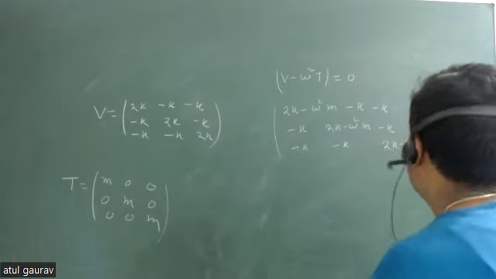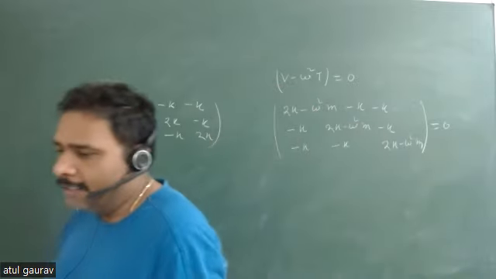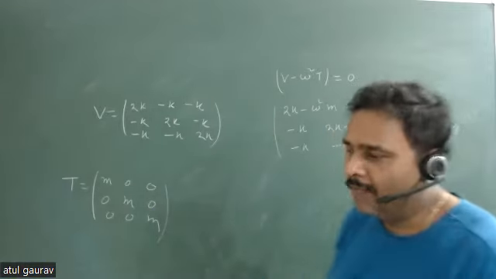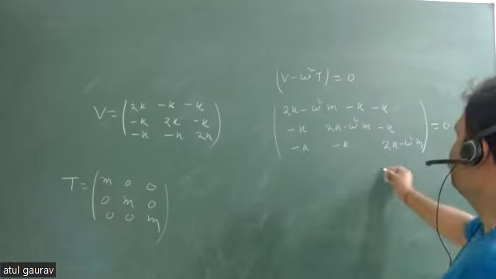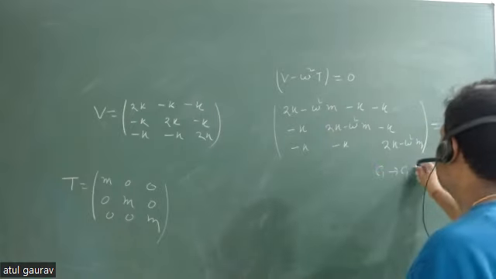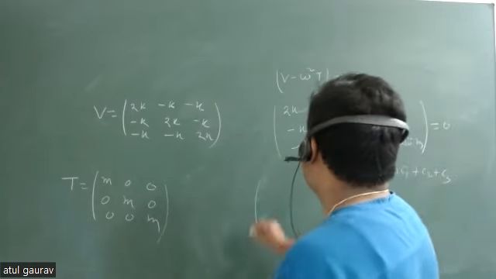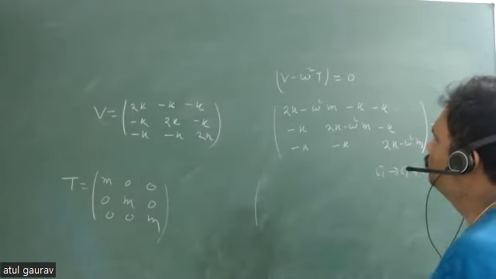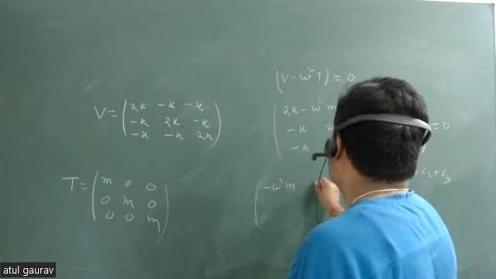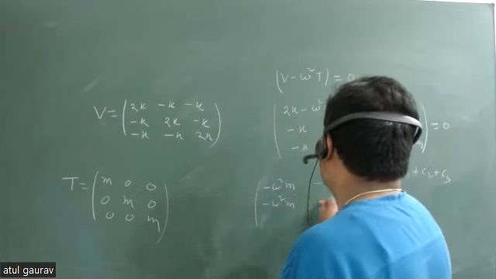So now let's go for the determinant. It is very clumsy. If you open it directly from here, it will take a lot of time. So you have to use your mathematical acumen. What will I do? C1 is equal to, sorry, this is a column operation: C1 plus C2 plus C3. What will you get? Minus omega square m. Very good. Minus omega square m, minus k, minus k; this one is also minus omega square m.